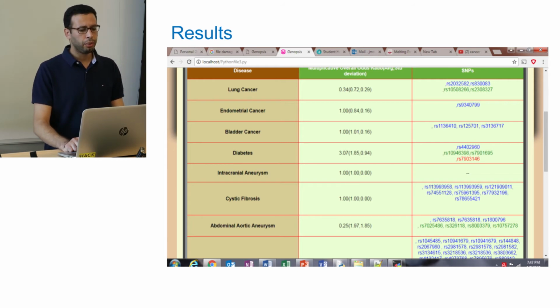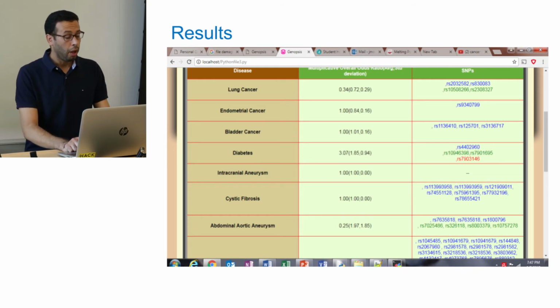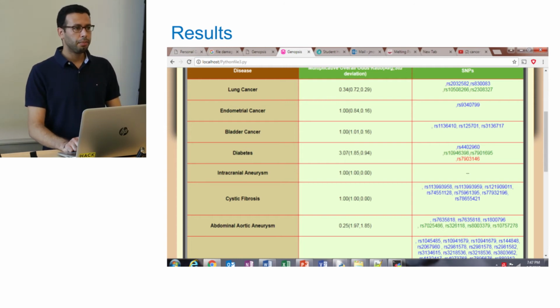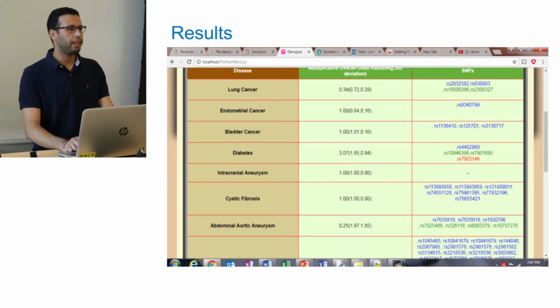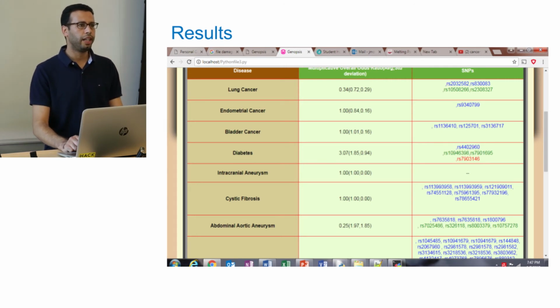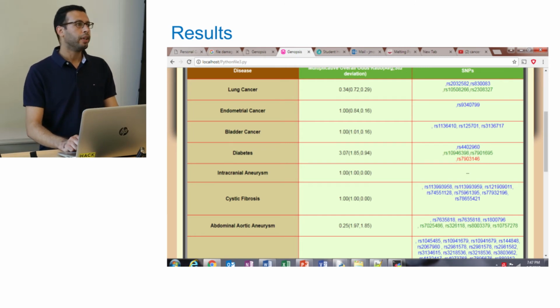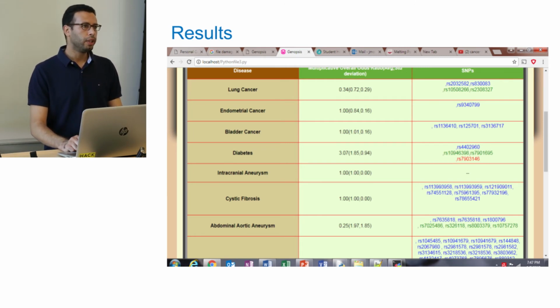You might ask the question, why are we using the odds ratio? We're using the odds ratio because most studies report only the odds ratio values and the p-values. If we needed to use other methods like logistic regression or random forest, we would need access to the full model.